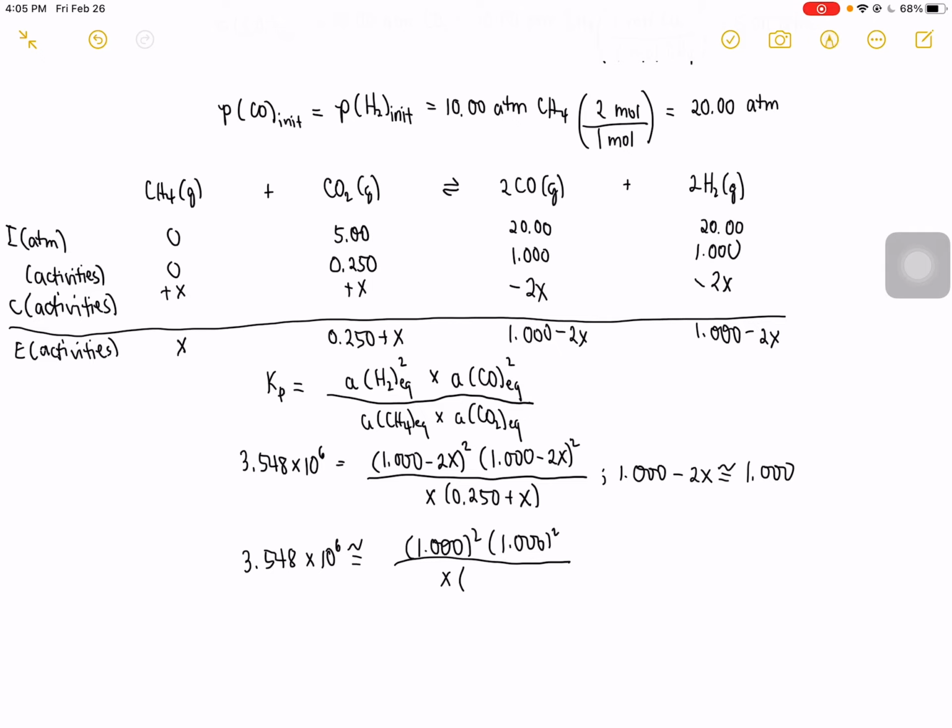And as for the other term on the denominator, since x is a very small value, we assume that the sum 0.25 plus x is just about equal to 0.25. So simplifying this expression and then solving for x, we are now going to get the following.